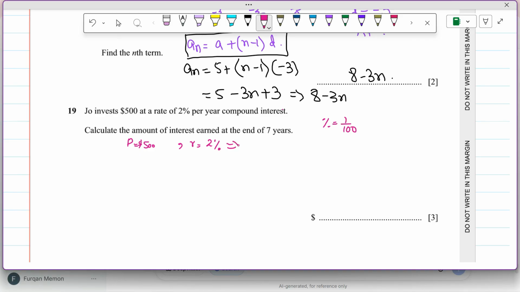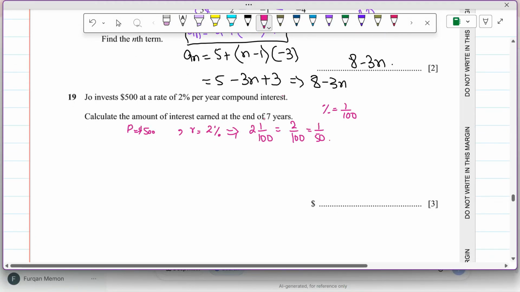So 2% means 2 times 1 over 100, which is 2 over 100, or you can say 1 over 50. We need to calculate the interest earned at the end of 7 years, so the time is 7 years.